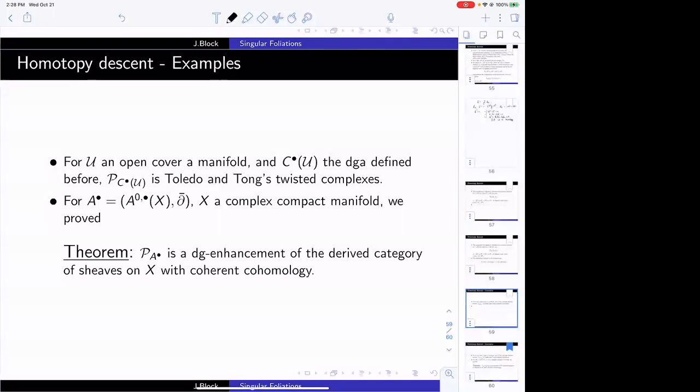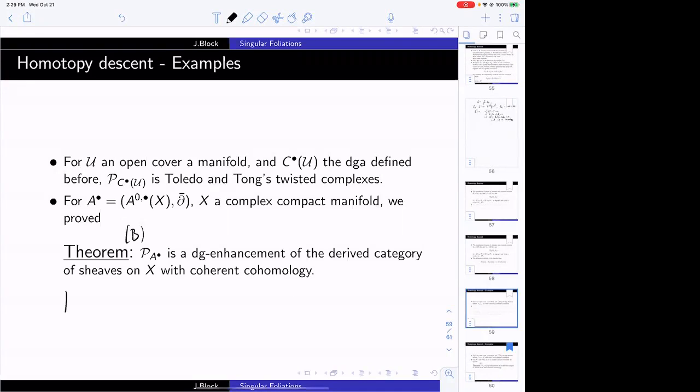And if you take the Dolbeault complex, then you get something which I feel is very interesting, partly because it's due to me, which is that P-A dot is an enhancement of the derived category of sheaves on X with coherent cohomologies.